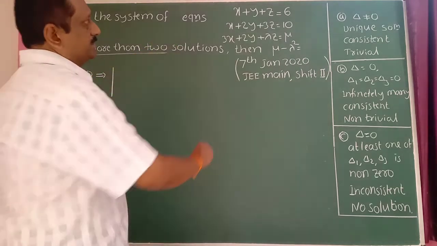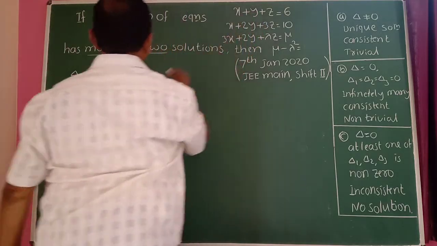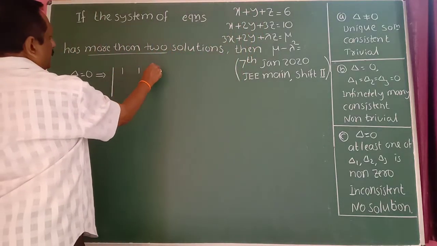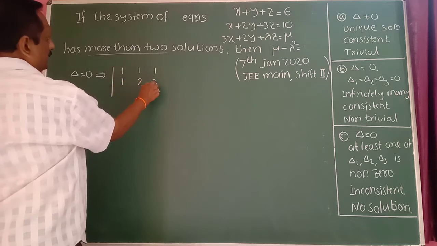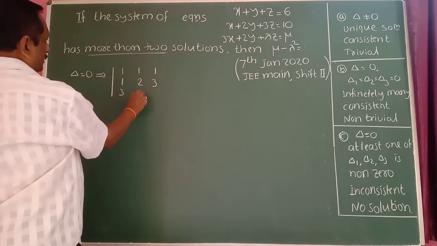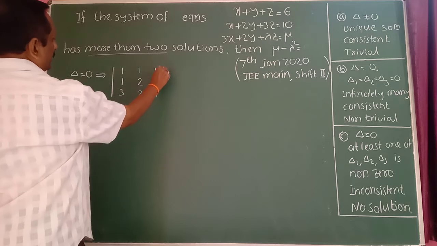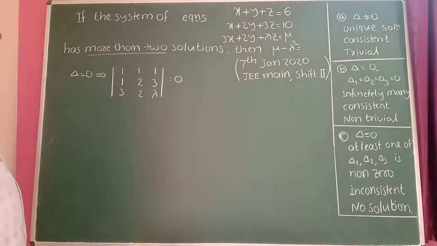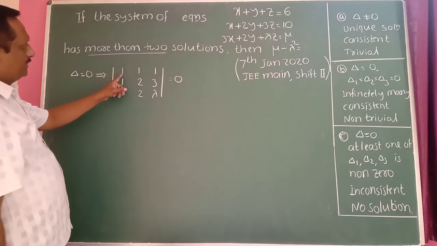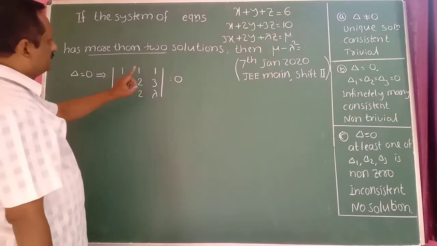Delta equal to 0 implies a determinant. Write the coefficients: 1, 1 and 1, then 1, 2 and 3, then 3, 2, lambda, equal to 0. Then subtract, making the terms 0.